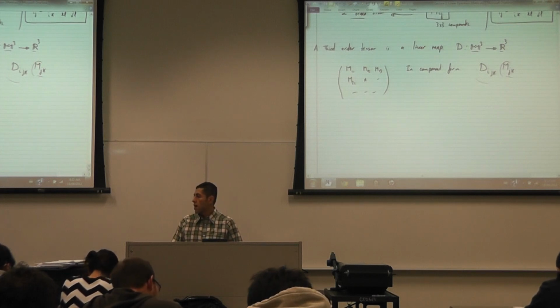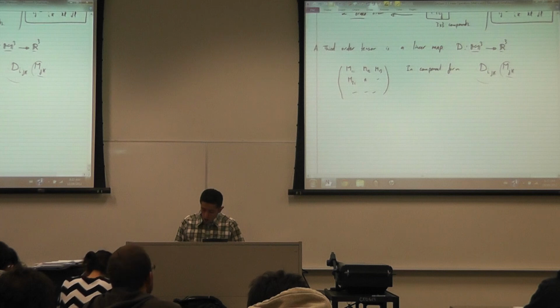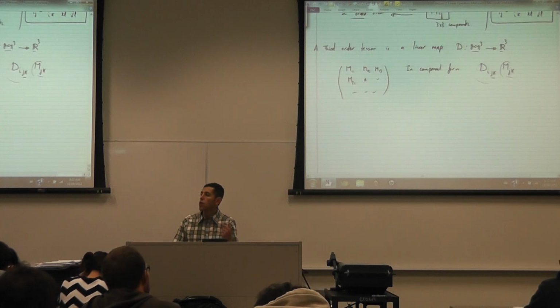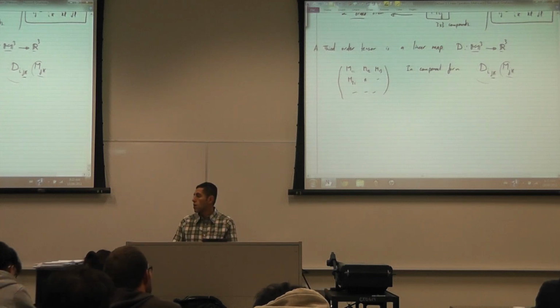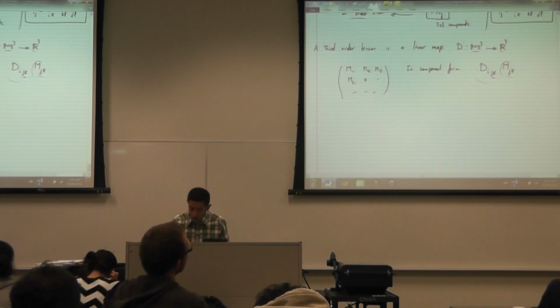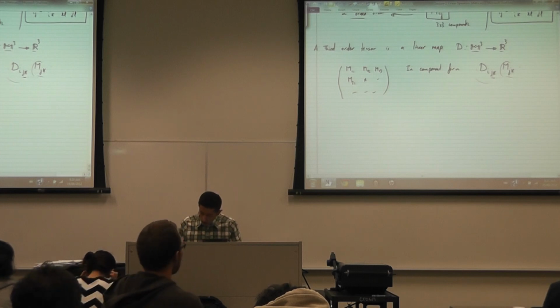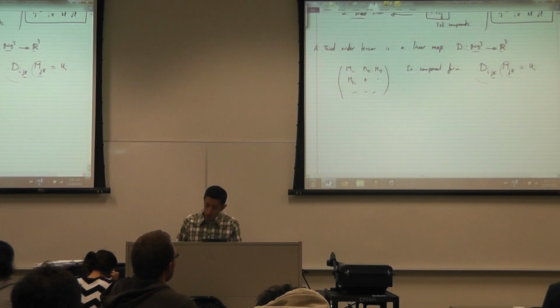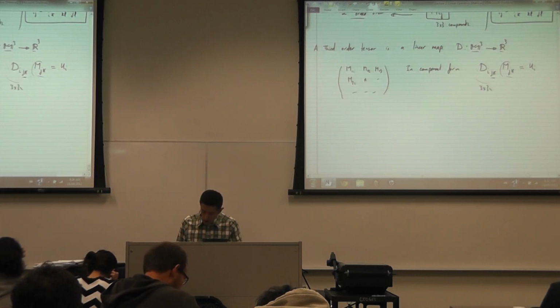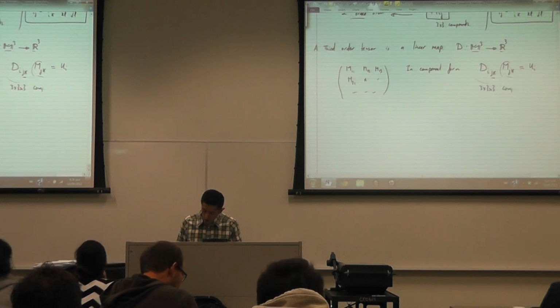Because the result has to be a vector, all those 9 components are repeated for every component of the resulting vector, which means I have 3 by 3 by 3 components.